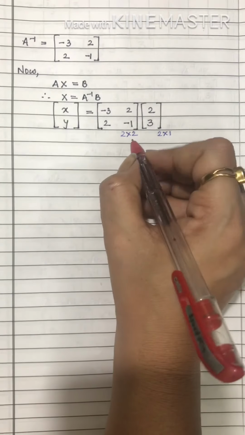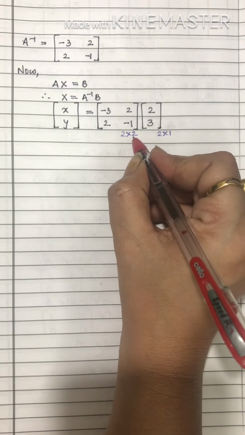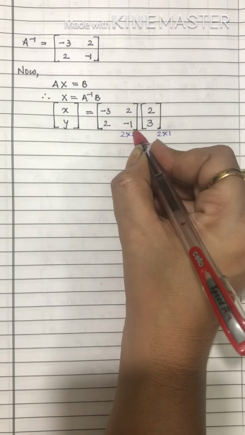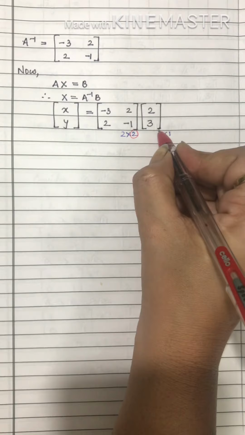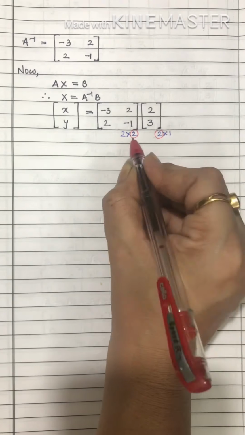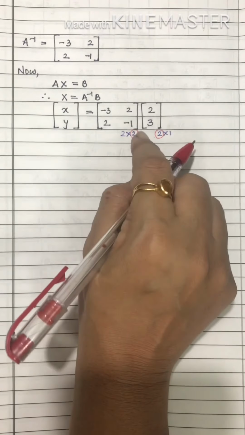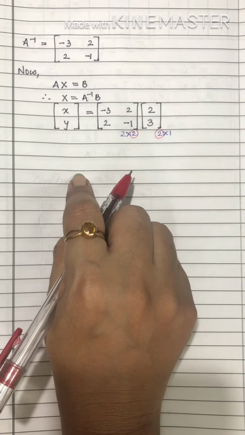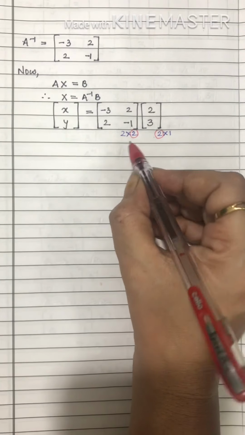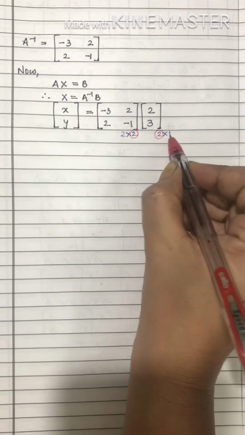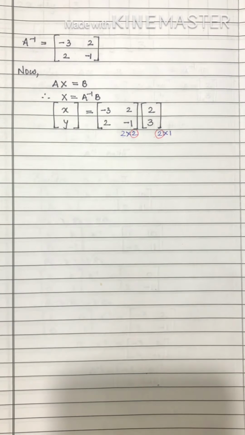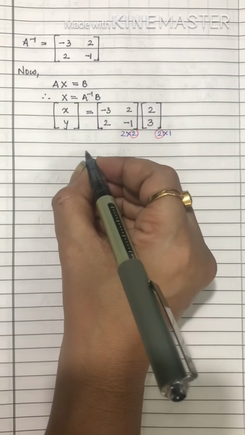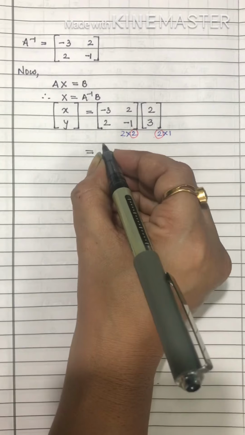Once again I'll remind you, what you need to do is check the number of columns of the first matrix and the number of rows of the second matrix. If this is equal, that means the product is possible, and the resultant matrix will be of the order 2 by 1. Okay, that is 2 rows and 1 column. So let's solve it further.